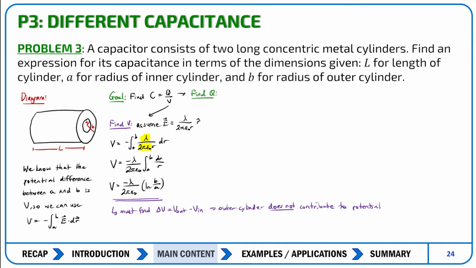And that makes sense because if you're taking a look at the potential between the two surfaces of the cylinder, the exterior one really doesn't contribute because we're looking at the potential in between, not at the edge.